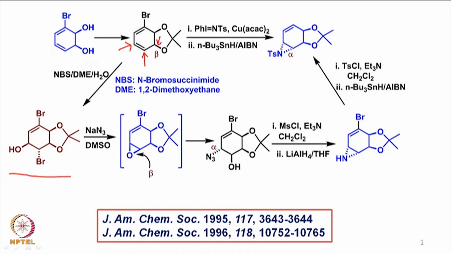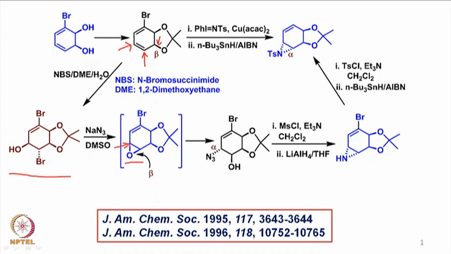Now this bromohydrin, under conditions in which sodium azide and DMSO is utilized, first forms an epoxide, because under these conditions the hydroxy group interacts with this particular carbon atom here, and bromine goes as a leaving group, forming this particular type of beta epoxide here, and this beta epoxide then is opened by the nucleophile, that is azide ion, at this particular carbon atom again, because this is the allylic carbon of the epoxide, and therefore preferentially this is attacked by the azide.